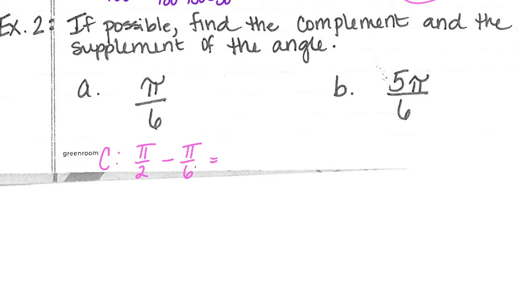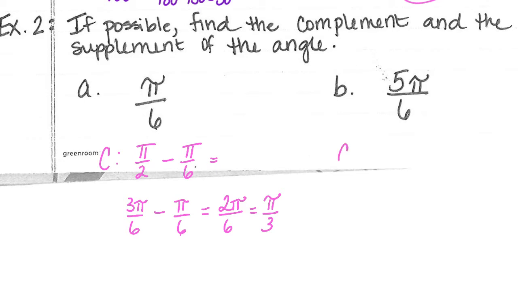Well, let's go ahead and make these both with a measure over 6. So 2 goes into 6 3 times, so this will be 3 pi minus pi over 6. That's going to give me 2 pi over 6, which I know can reduce to pi over 3. So the complement of pi over 6 is pi over 3.